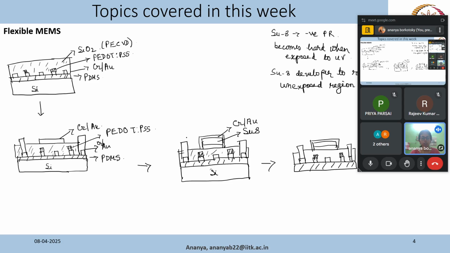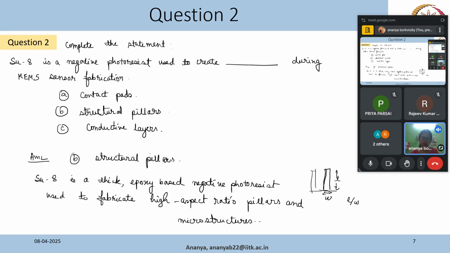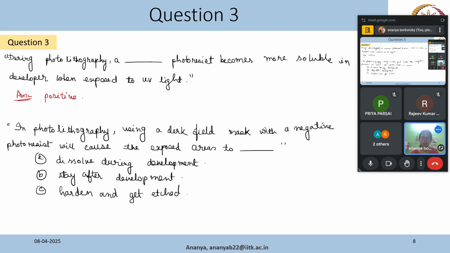So we will use a dark field mask which will be mostly dark, and light will not pass through it. Light will pass through only at this portion, where we want SU8, and it will become hard after exposure. So the type of the mask will depend on the final design we are expecting and the photoresist type we are using, whether it's a positive photoresist or a negative photoresist.